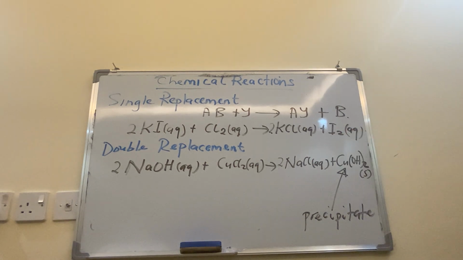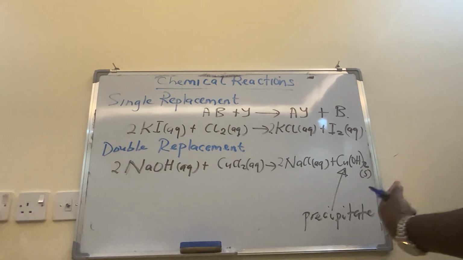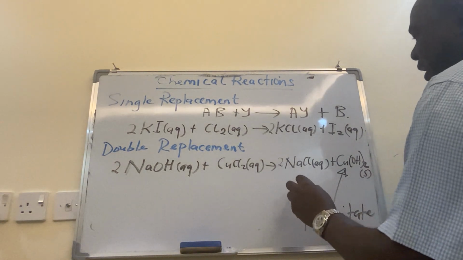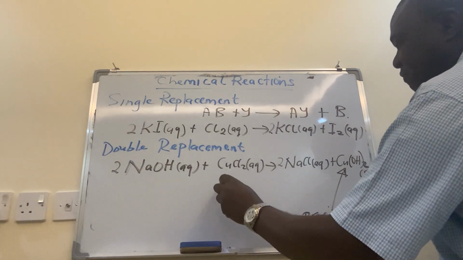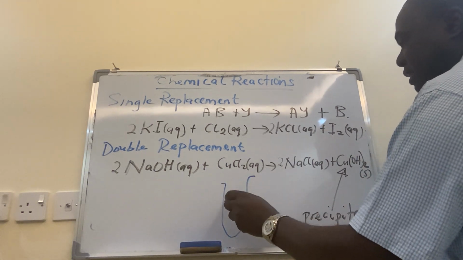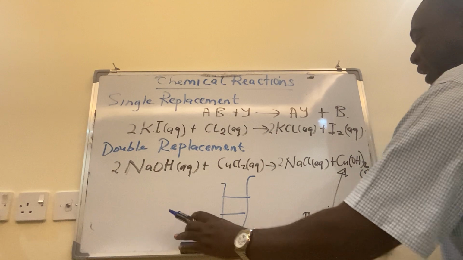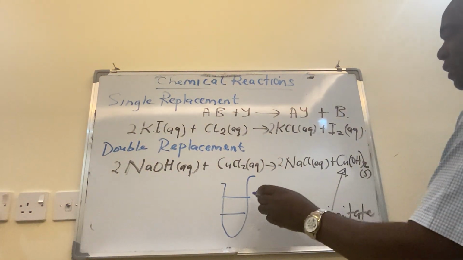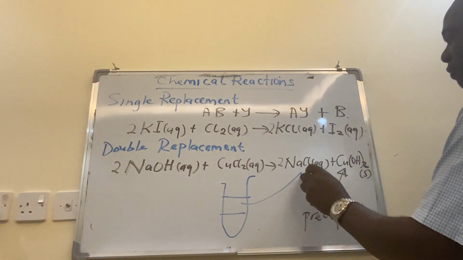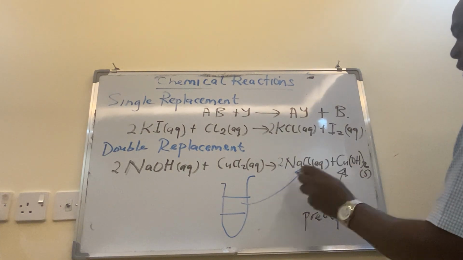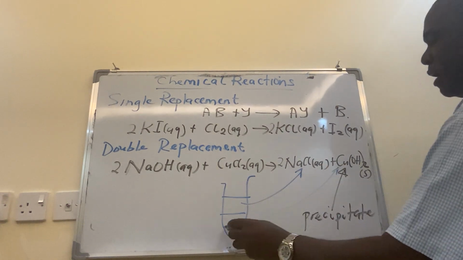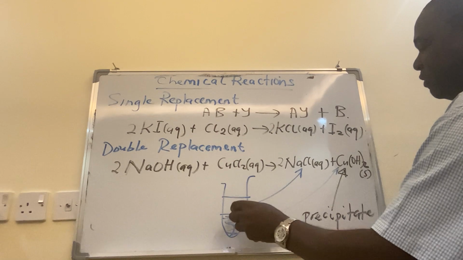Our double replacement reaction, which we have looked at today, is also special in the sense that it can be precipitation. These are our products, and if you look at them inside the container, you are going to have layers. Sodium chloride aqueous will be at the top with the liquid, and our copper hydroxide will form a precipitate at the bottom of the test tube.